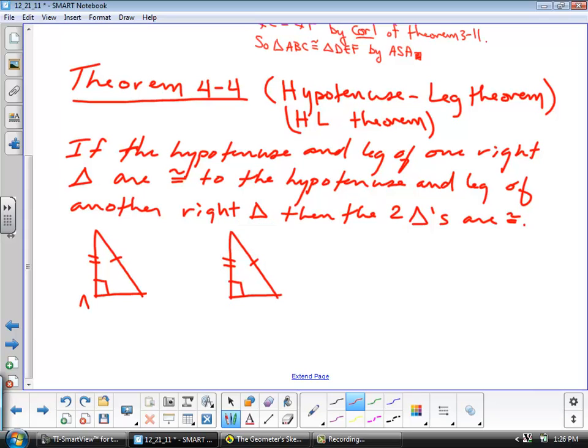Let's go ahead and label the triangles A, B, C, and D, E, F. And I am going to extend side DF from D going to the left. And we'll put a point P on this side that makes DP congruent to AC. And then we're going to draw the segment PE.